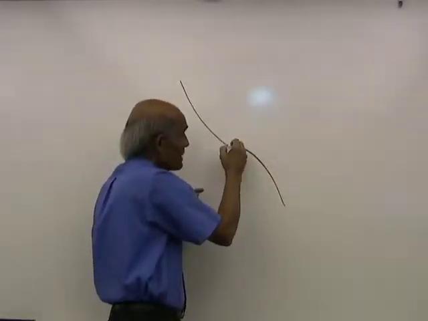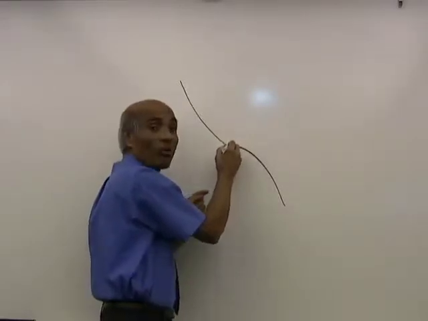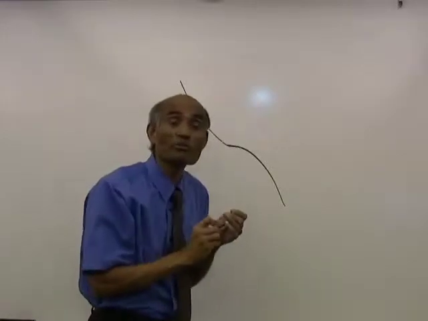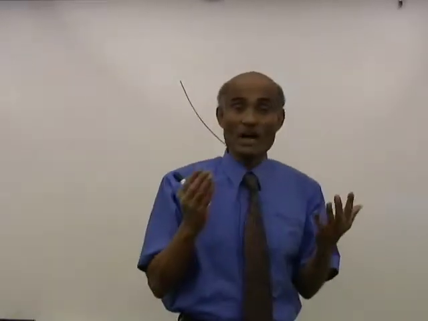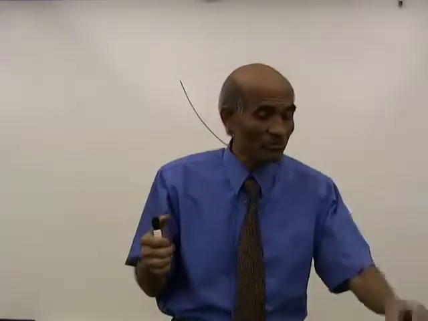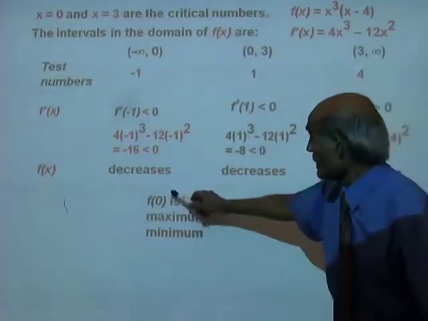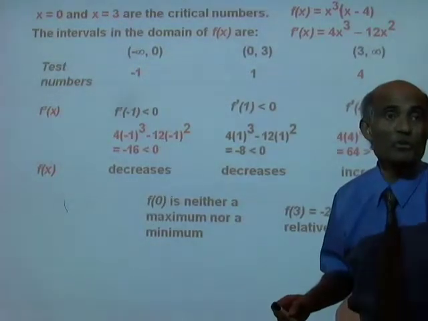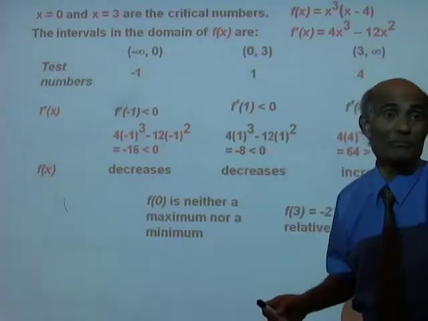And in between you have a point where the derivative is 0. So that is possible for a graph. That means at all critical numbers you may not get a maximum or a minimum. So f of 0 is neither a maximum nor a minimum.